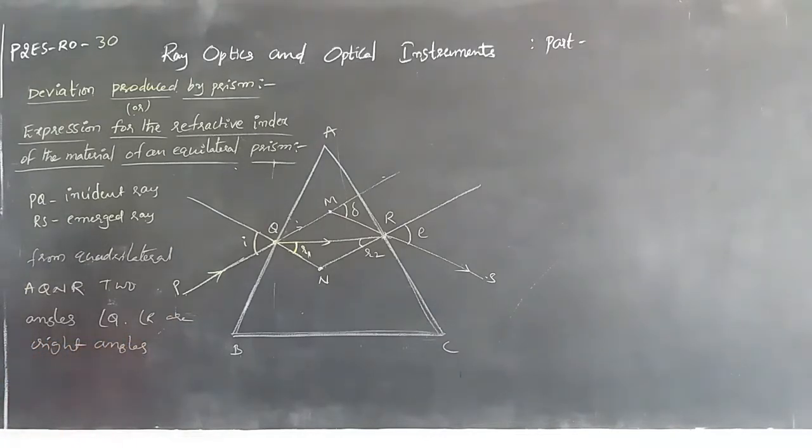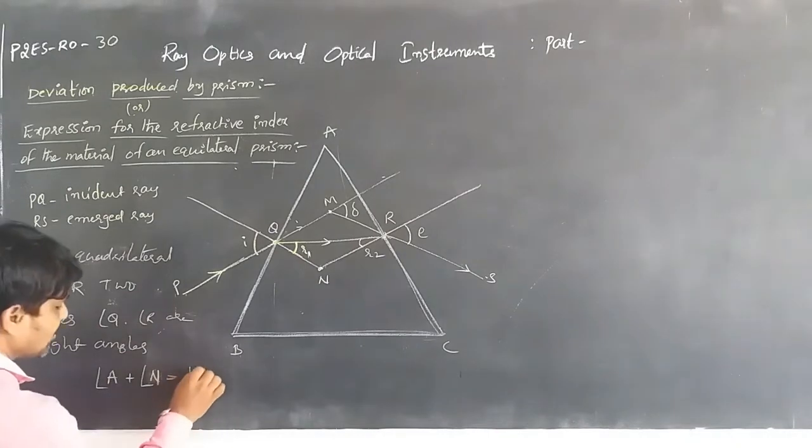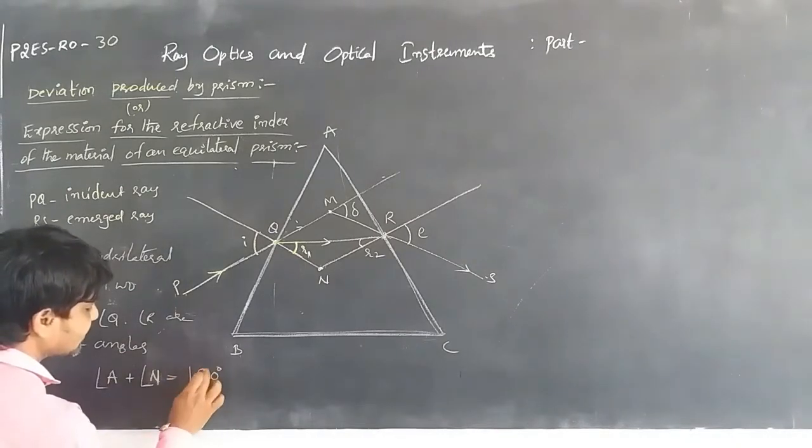So we write that angle A plus angle N is equal to 180 degrees.